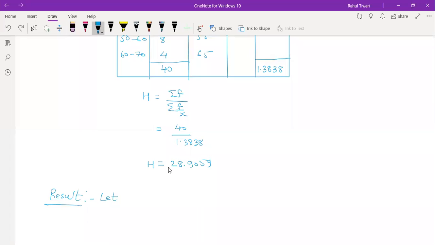So the next class we will see this result. Let A and B be two positive numbers.